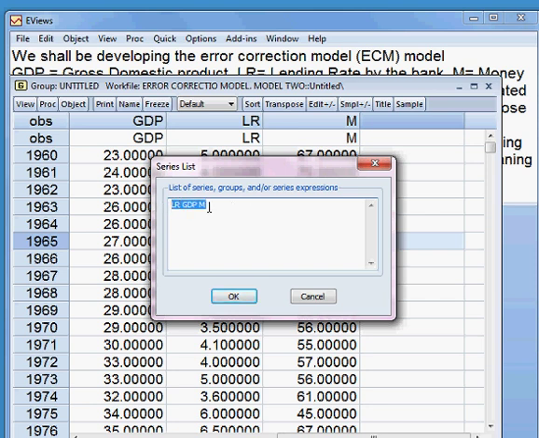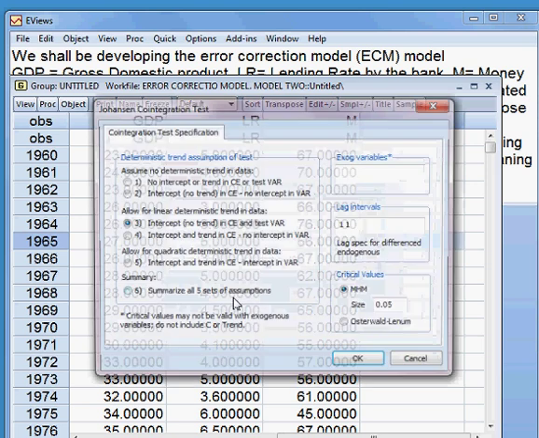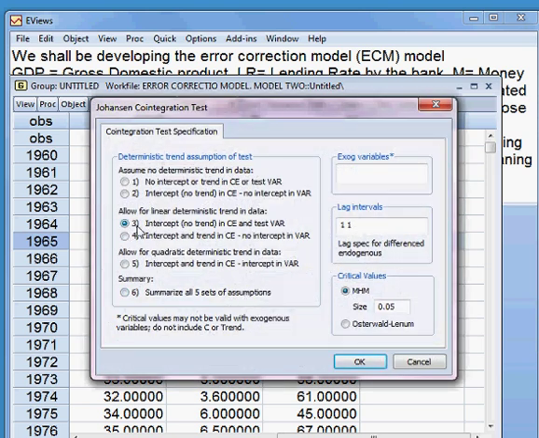Okay, so here I press OK, and here I choose 3, and I assume that lag 2 should be optimal for this system equation, as the lag selection criteria is asking me to take lag 2.